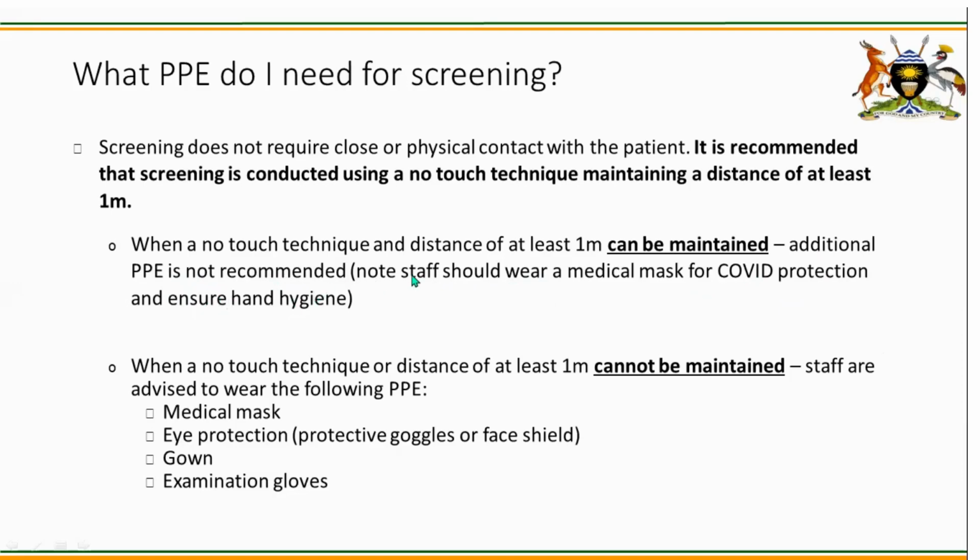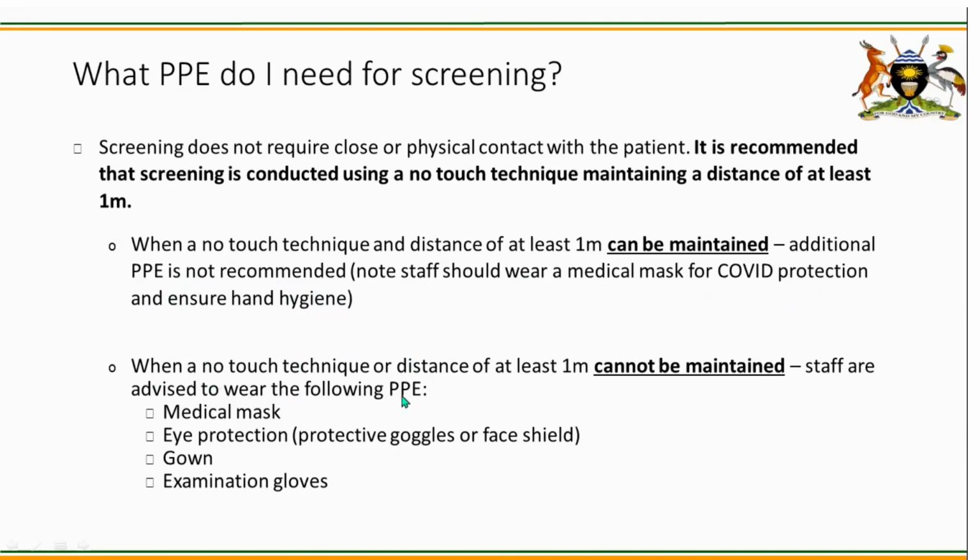So typically, you're going to keep a 1 meter distance and have a no-touch technique. Taking COVID-19 into consideration, you're going to appropriately put on your mask, and a hand hygiene station should be there so that you can wash your hands each and every time.